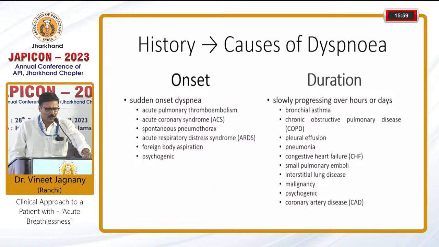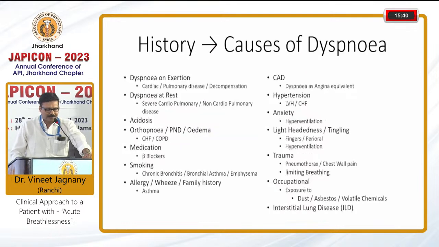If we talk of acute onset, sudden onset, it could occur in pulmonary thromboembolism, acute coronary syndrome, spontaneous pneumothorax, ARDS, or foreign body aspiration. If it is a little slow progressing over hours and days, it could be COPD, pleural effusion, infective cause, congestive heart failure, like that.